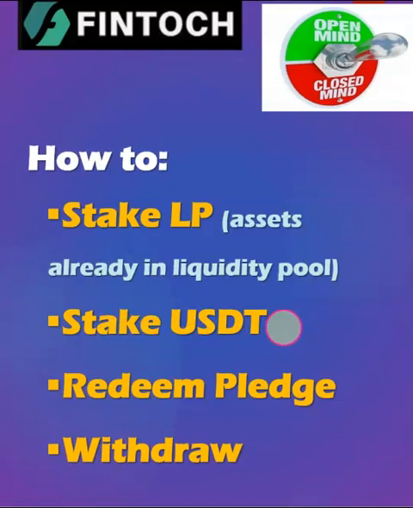This is for persons who don't have any assets already in the FinSwap liquidity pool, but you want to send over USDT and use the quick pledge method. So this is the first one that I'll do, and then I will do the staking of the liquidity assets that are already in the liquidity pool. So let's hop over to the Fintoch app to do the staking of the USDT.